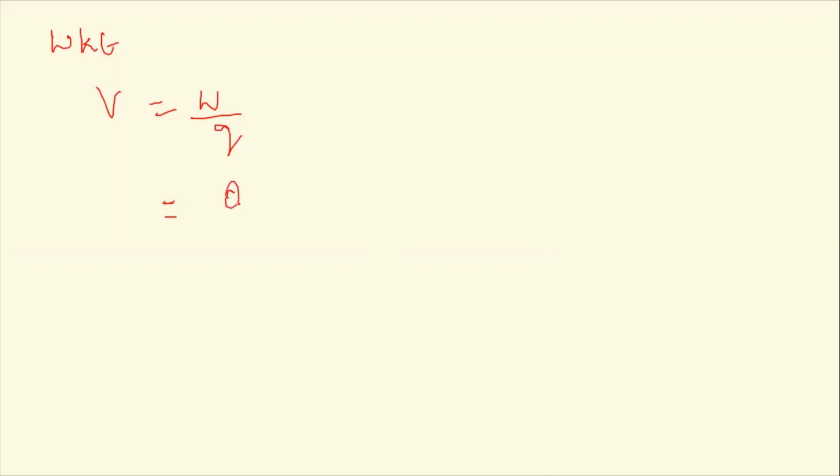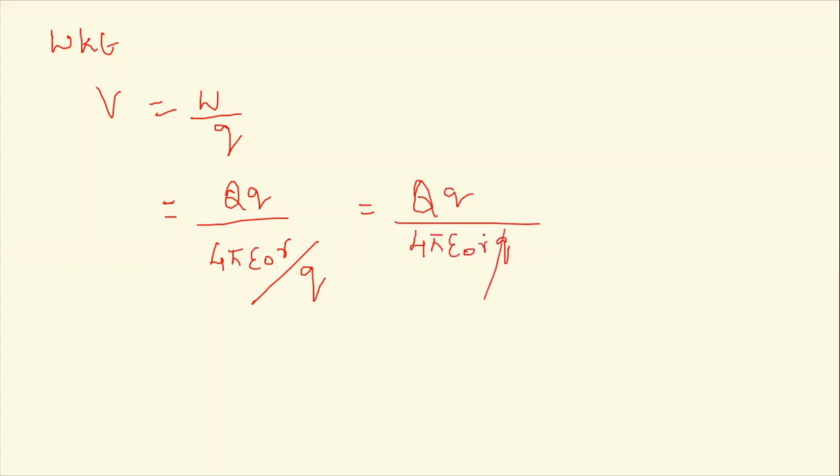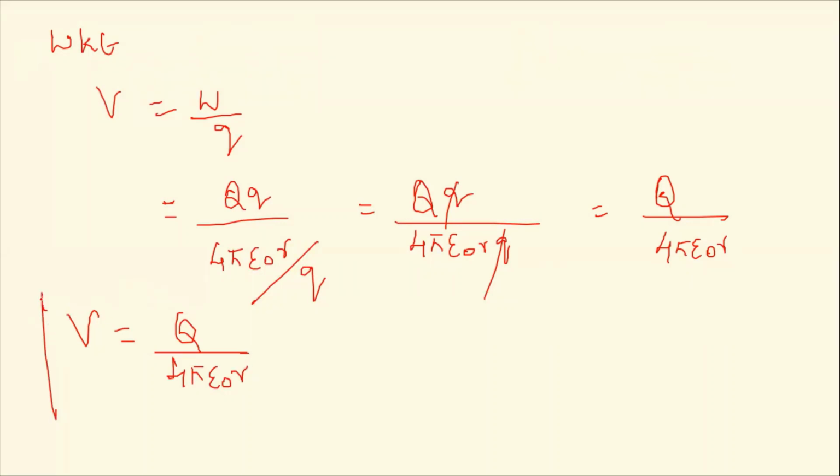So W is Qq by 4 pi epsilon naught r, divided by test charge q. That will be equal to Qq by 4 pi epsilon naught r q. The q's cancel. So you will get Q by 4 pi epsilon naught r. That is, V is equal to Q by 4 pi epsilon naught r. This is the electric potential at a point due to a point charge.